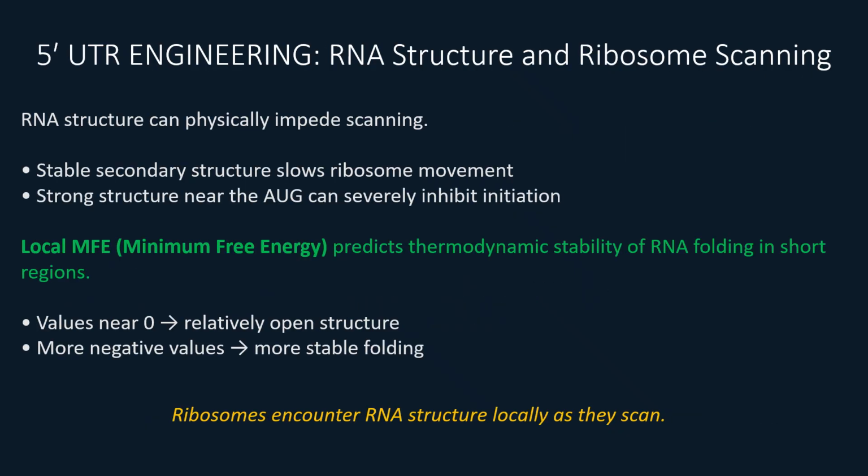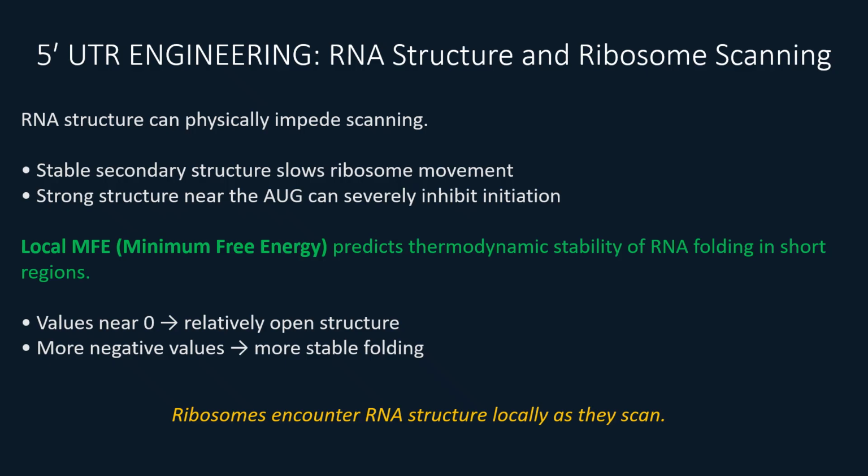And we just saw that scanning depends on physical accessibility of the RNA molecule. If the RNA forms stable secondary structure, the scanning machinery has to unwind it. Mild structure can be tolerated, but highly stable structure slows scanning, and a strong structure near the start codon can severely inhibit initiation.